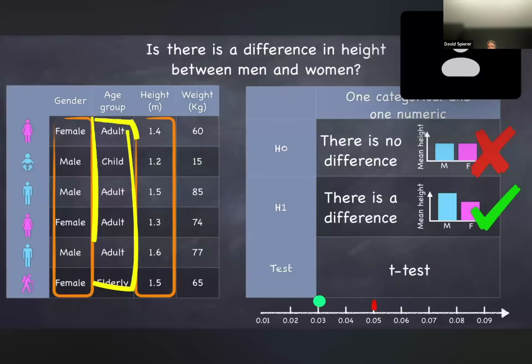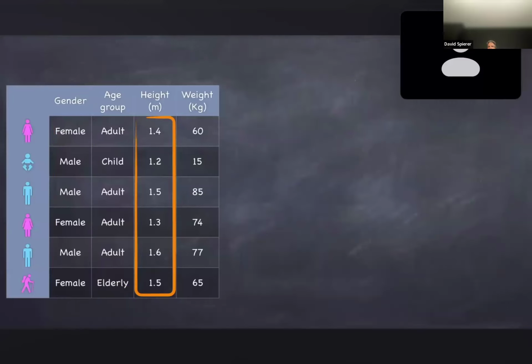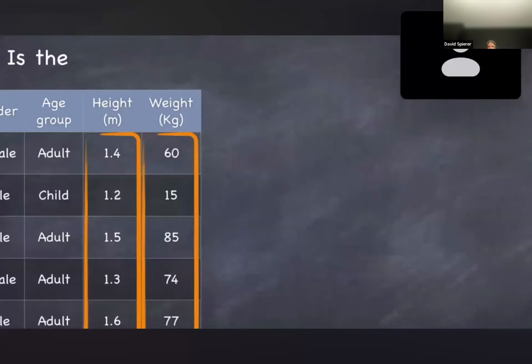Firstly, it's going to give you a correlation coefficient, which tells us something about the nature of the association between the 2 variables, and we'll talk about that in a minute. But of course, it also gives us a p-value. And again, if the p-value is less than the alpha, we can reject the null hypothesis.